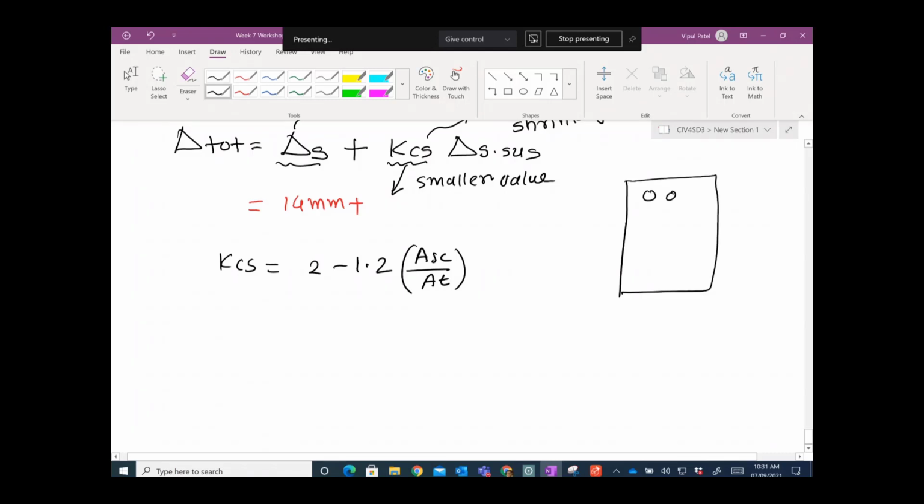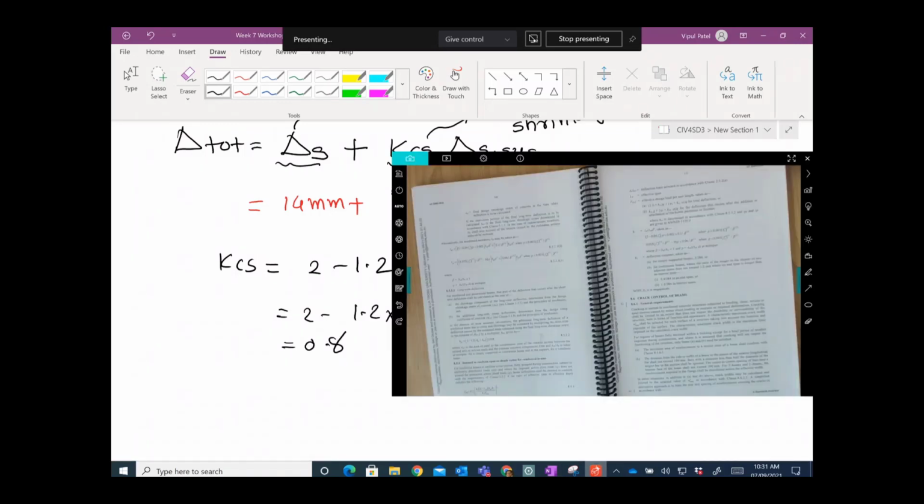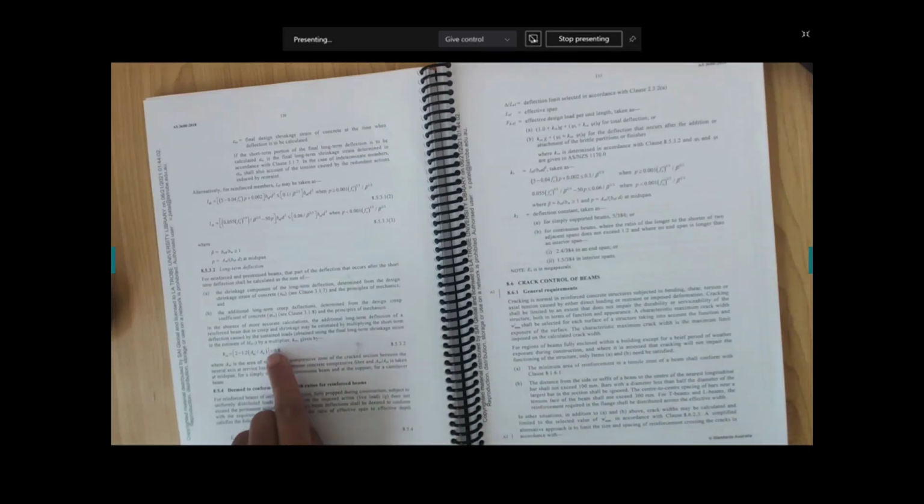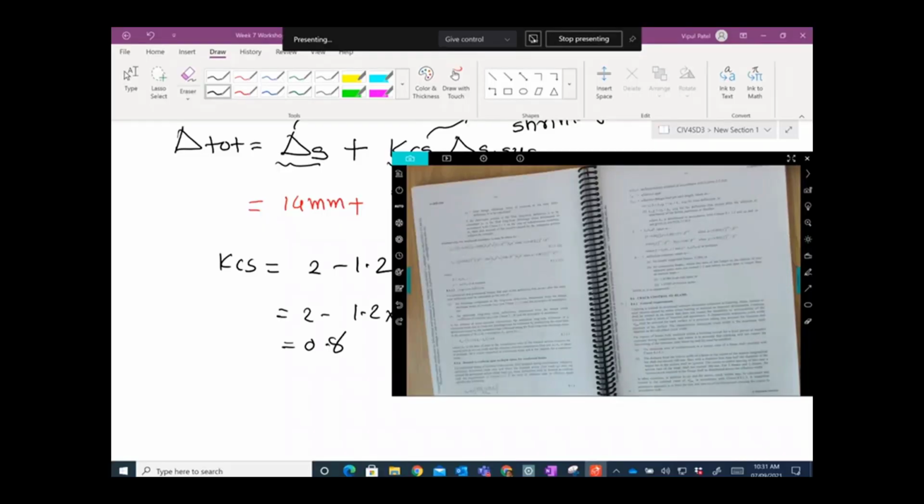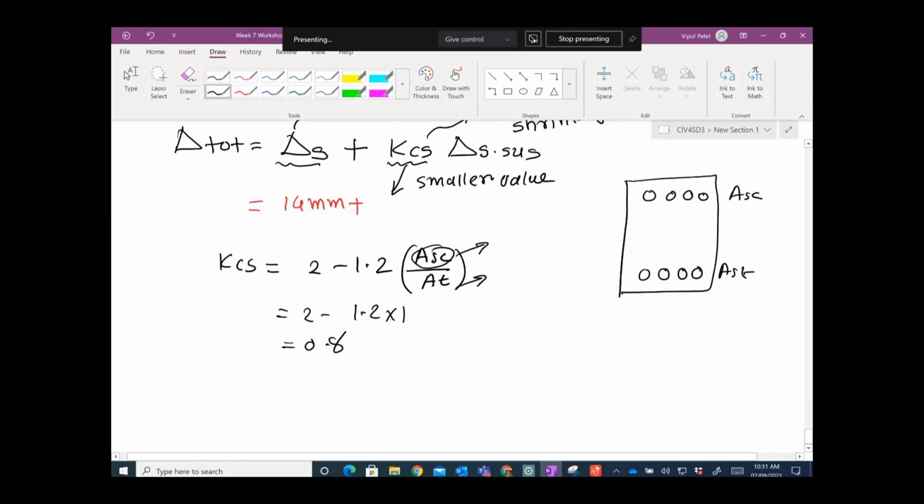If you have ASC equal to AST, you have 2 minus 1.2 times 1, which is 0.8, right? The standard says you can't go below 0.8. So if you have equal areas, you have 0.8, which is good. We are happy because you have smaller deflection in the long term.